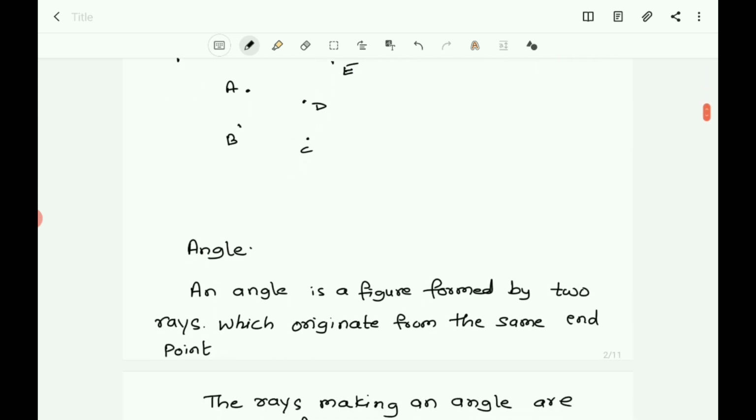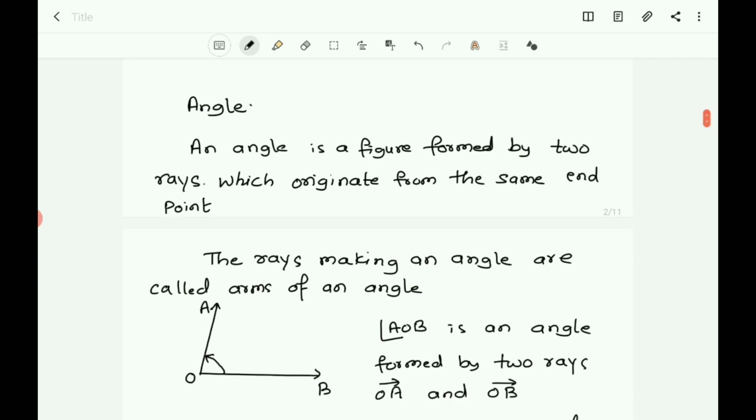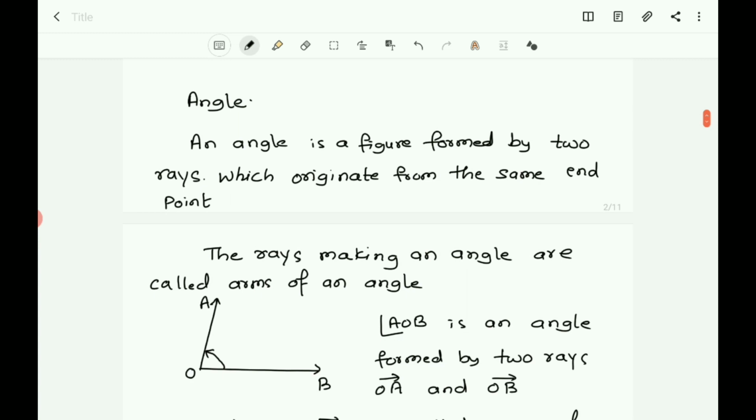Next, let us discuss the angle. And what is an angle? An angle is a figure formed by two rays which originate from the same endpoint. See here, the ray OA and ray OB are originating from the same point O. Therefore, there is a formation of the angle AOB.